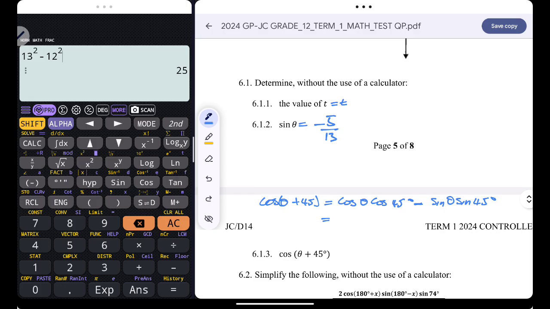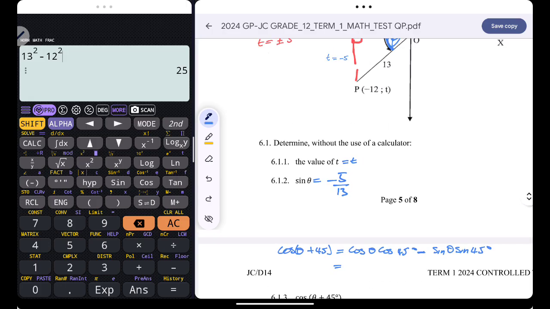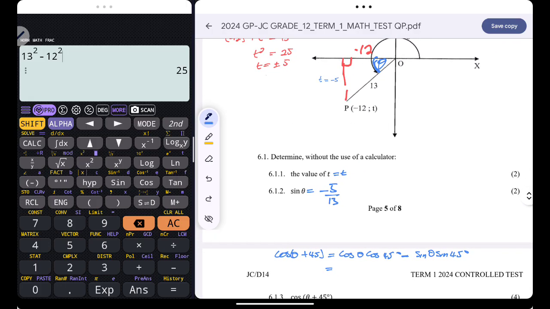By definition, cos is adjacent over hypotenuse. Né? So our adjacent to theta is 12. Basically, you only need x, y, and r for you to answer anything with regards to the right angle in trigonometry. The value of x is just negative 12, y is negative 5, and then r is 13.